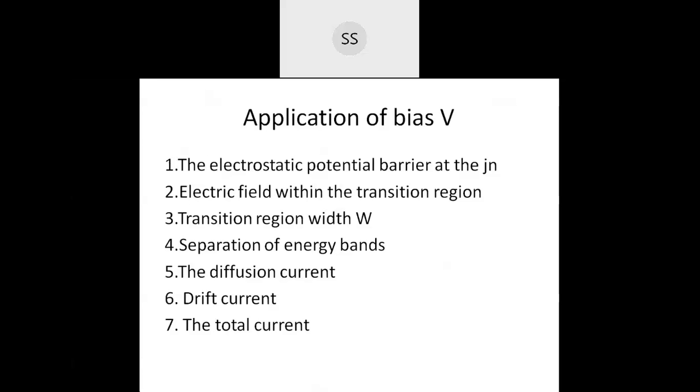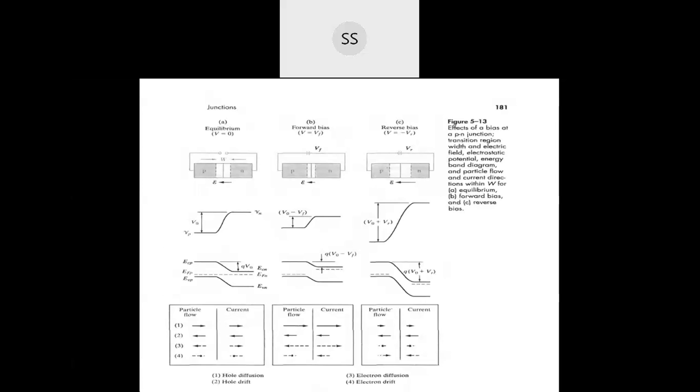Therefore, the electron and the hole diffusion currents are both directed from P to N, and the drift currents are directed from N region to P region. Okay. So therefore, the total net current crossing the junction will be zero at the equilibrium condition. At equilibrium, of course, we know from this particular diagram that V itself is equal to 0.